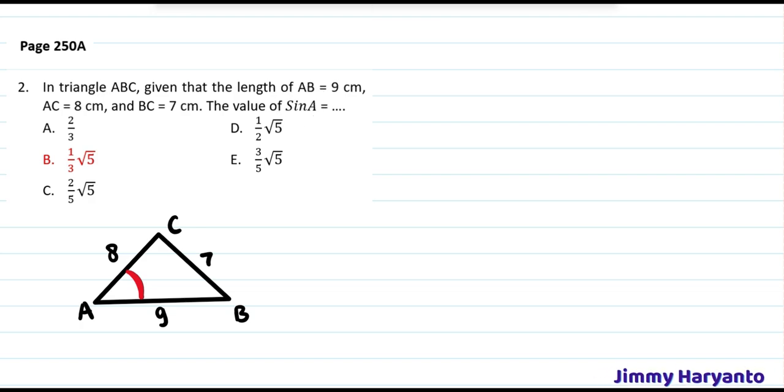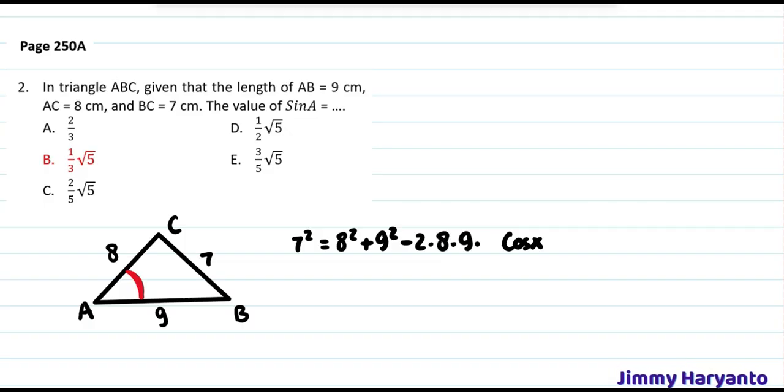That means 7 squared first, 7 squared equals, and then cos x at the back. This one is 8 squared, this one is 9 squared, minus 2 times 8 times 9 times cos x. This one is 49, this one is 64, this one is 81, minus 16 times 9 is 144 cos x.